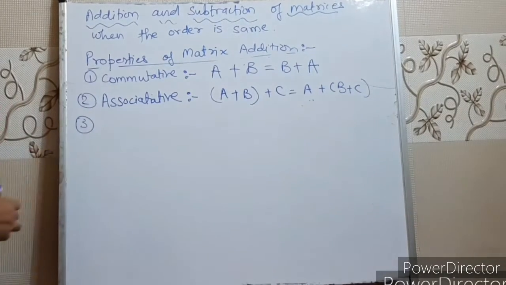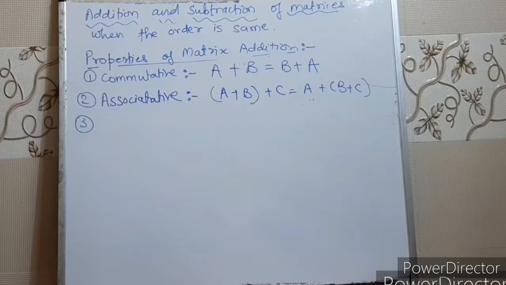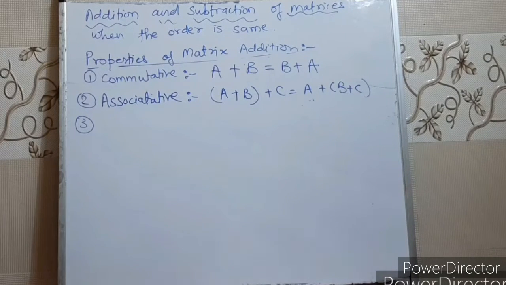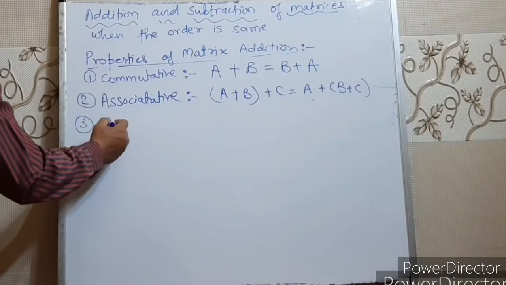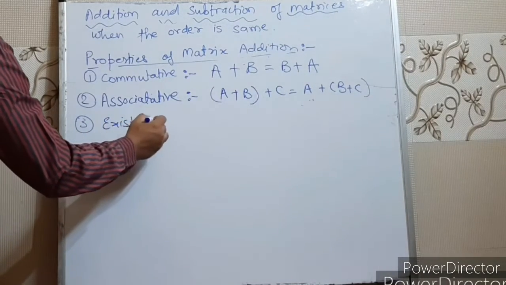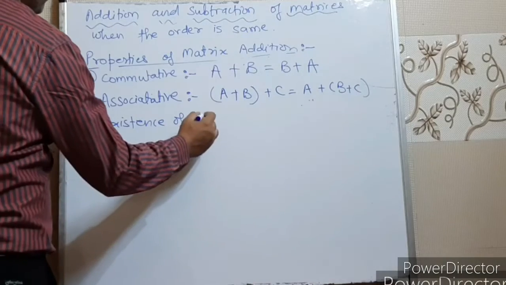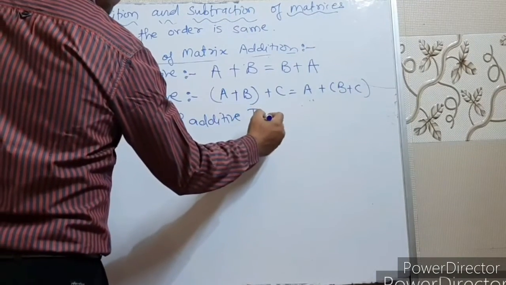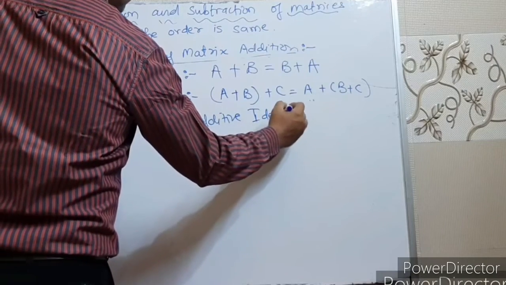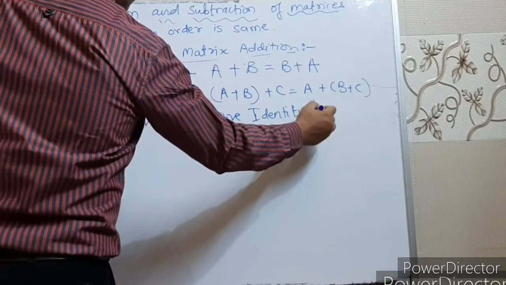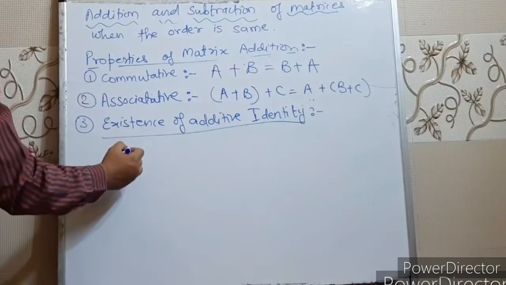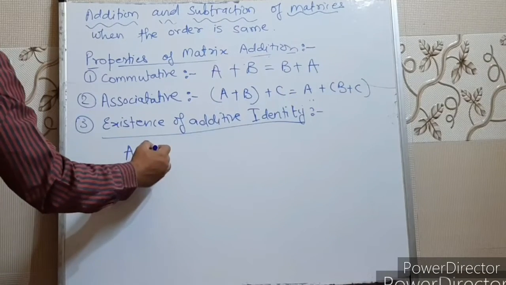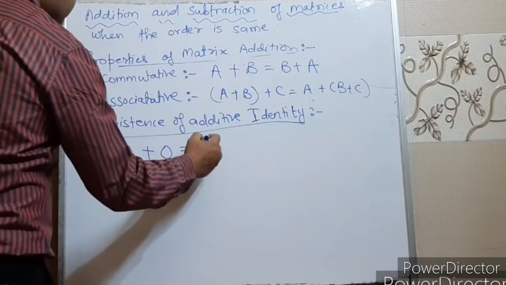Third is, children, existence of additive identity. That means when we add something to the matrix, we get the same matrix.